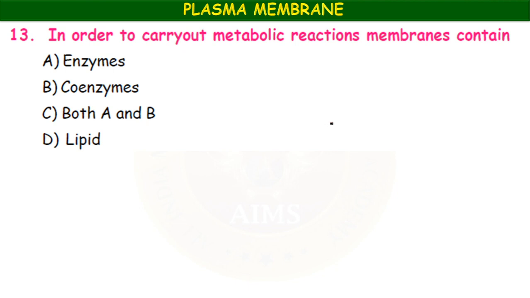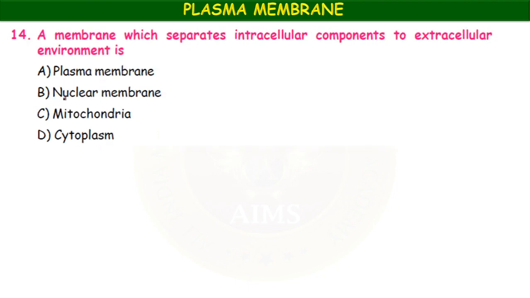So in order to carry out the metabolic reactions, membranes contain both enzymes and coenzymes. A membrane which separates intracellular components from the extracellular environment is plasma membrane, nuclear membrane, mitochondria, cytoplasm. It is the plasma membrane which separates the intracellular components from the extracellular environment.